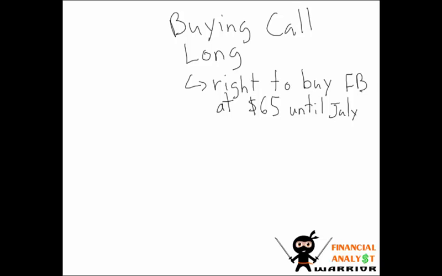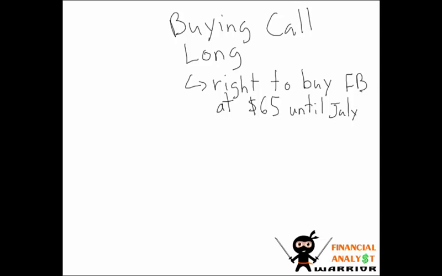You can only exercise on July 18th. By the way, American versus European has nothing to do with where the options are traded. They're just random names. It doesn't make a big difference for our purpose in terms of valuation and explaining what the option is, so we'll assume it's American calls and puts.